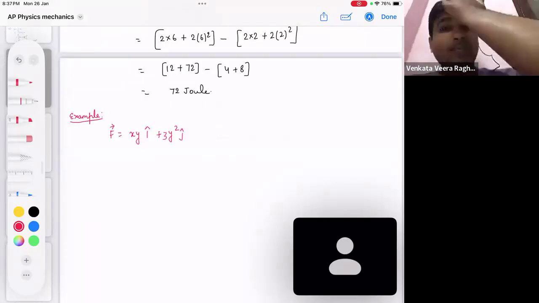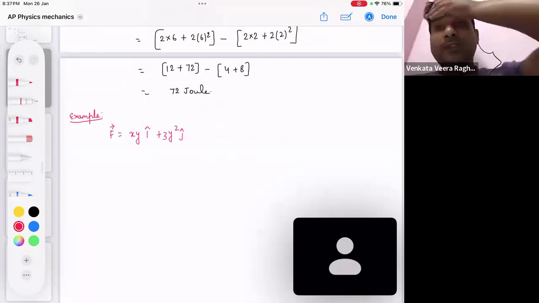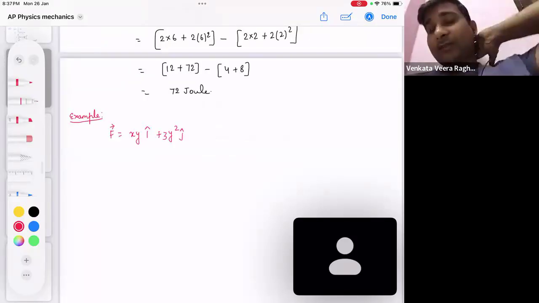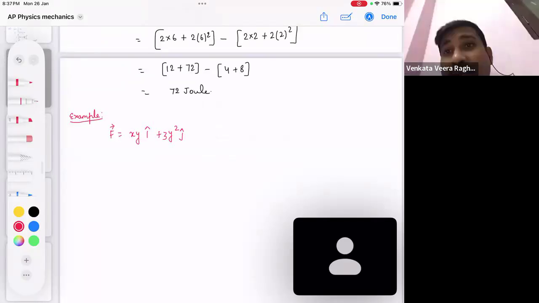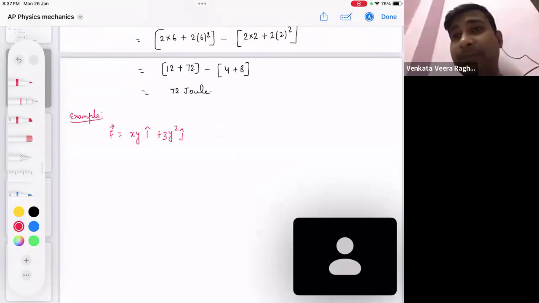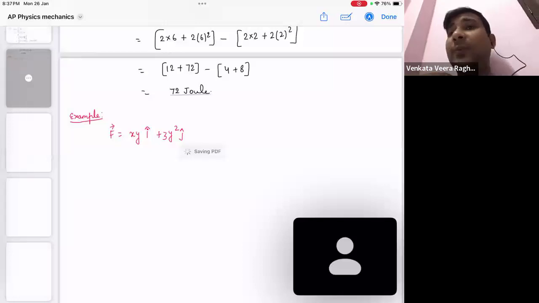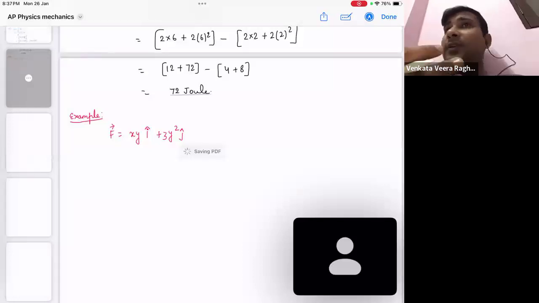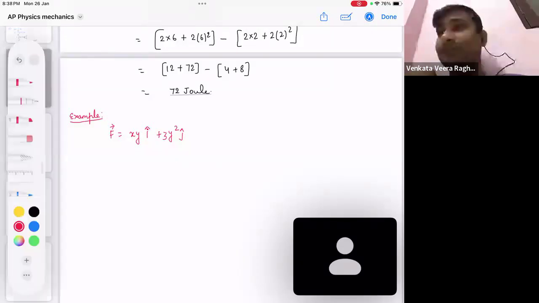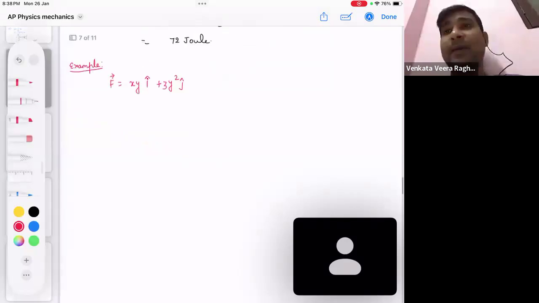You see that here the force is variable in which direction? I cap as well as j cap, right? Last example I took, there I took the force as a variable only in one direction, which was the x direction. So if only variable in x direction, so f dot dx is enough. But here what happened? The force is variable in i cap as well as j cap.